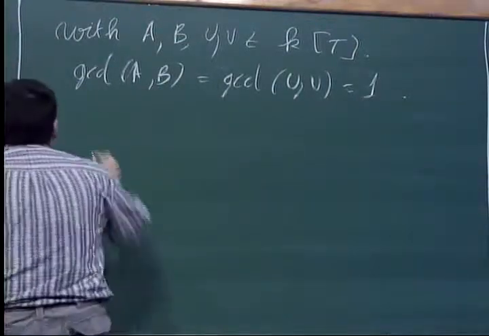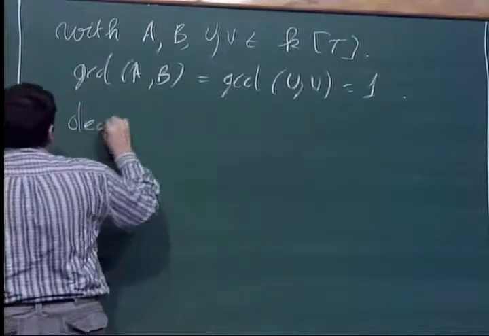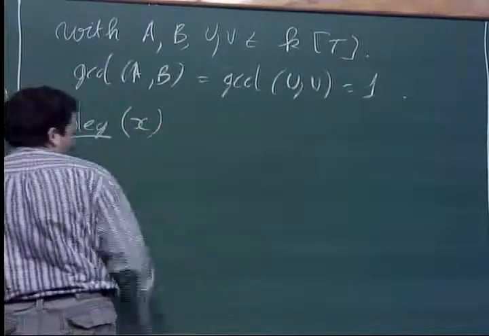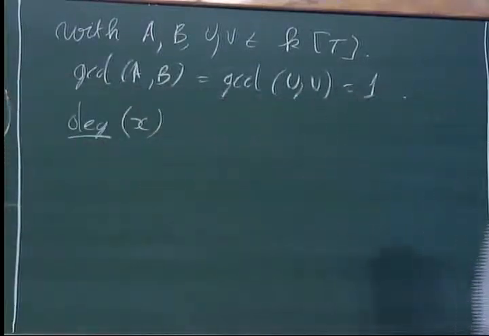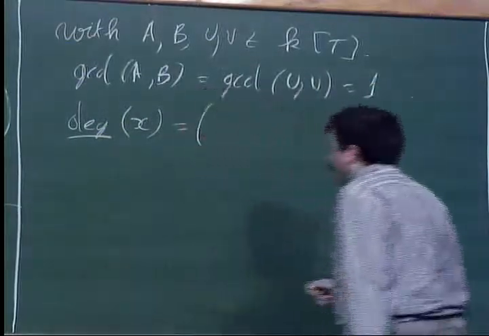And, well, the B degree of the point x, let's write it underlined to stress that there are 2 degrees, is given as the following pair.